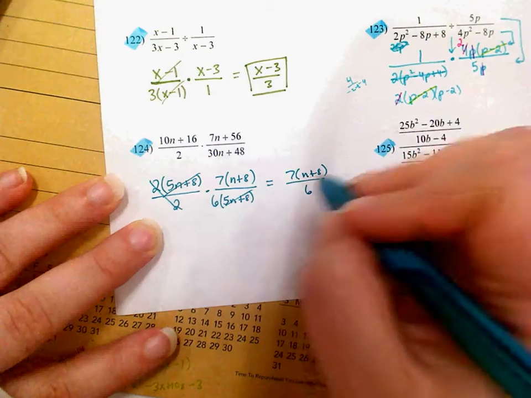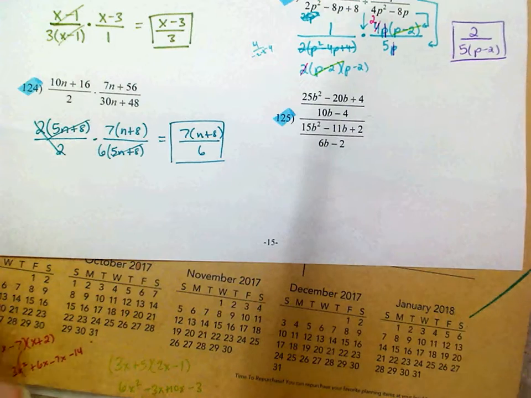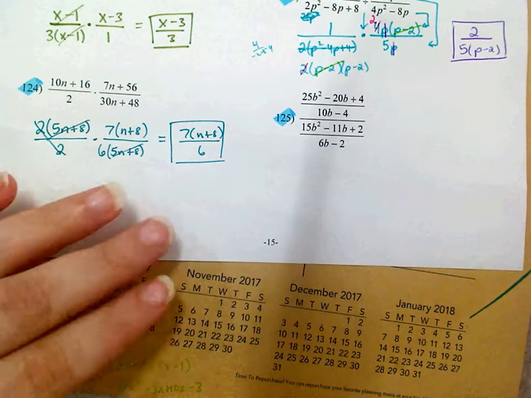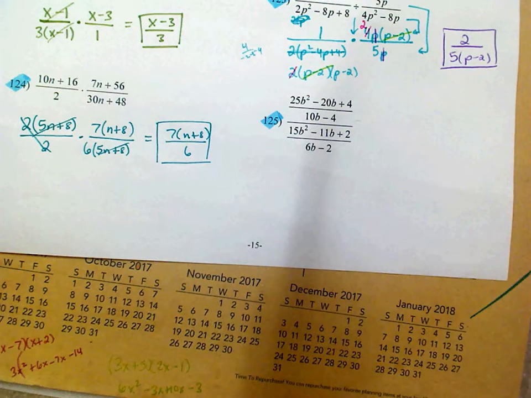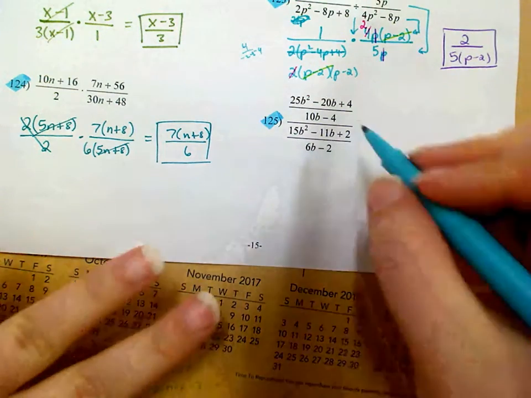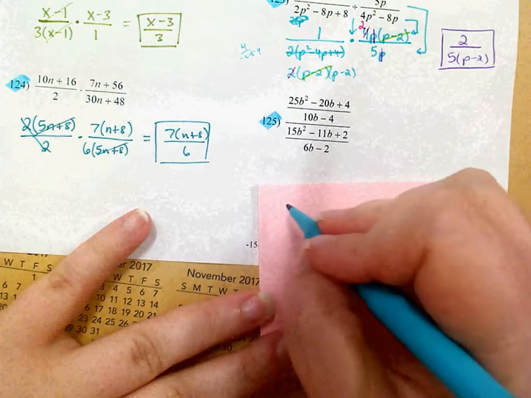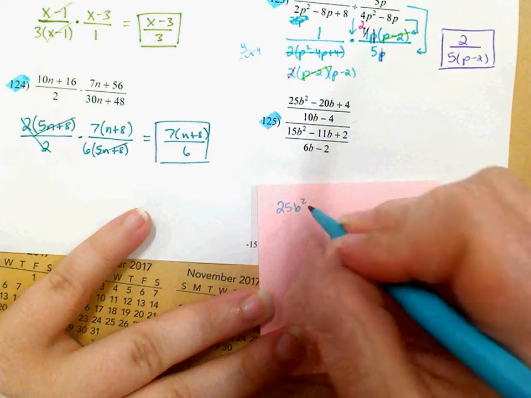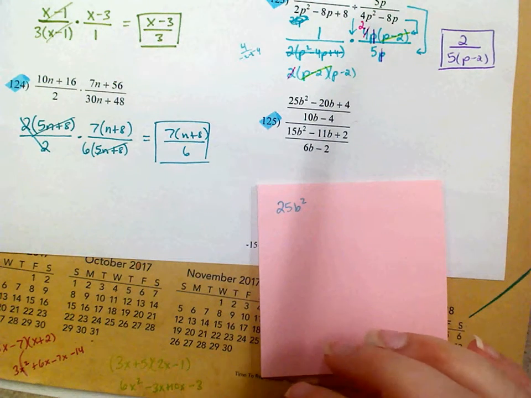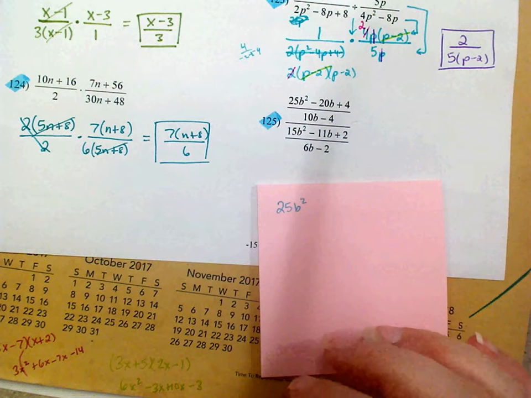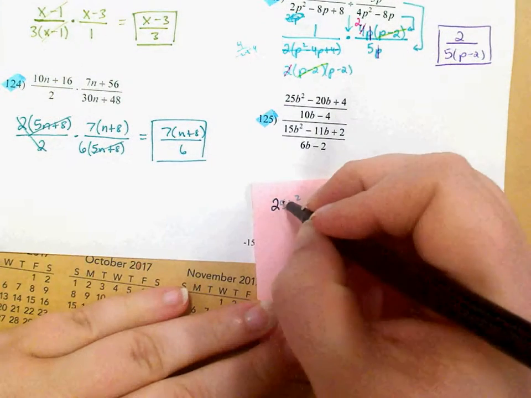Alright, and then last one, 125. So we're going to be factoring a lot, which is fine. So 25b squared minus 20b plus 4.